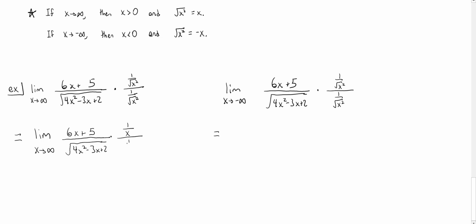Here, I'm going to leave it as the square root of x squared. And in this example, I'm going to again rewrite this square root of x squared, but this time I have to rewrite it as minus x instead, because x is approaching negative infinity.